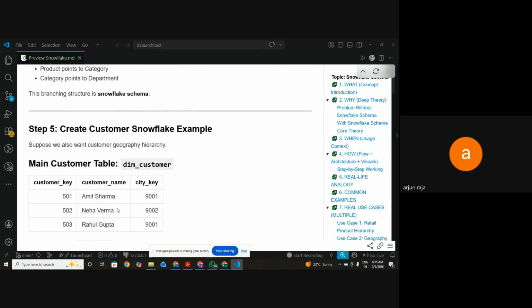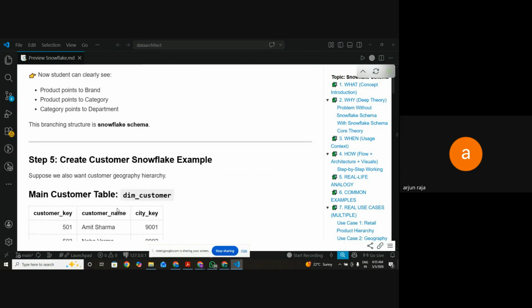So all repeated values are stored in a separate dim table, linked with a foreign key. So they're introducing normalization there. Yes, it's normalization.